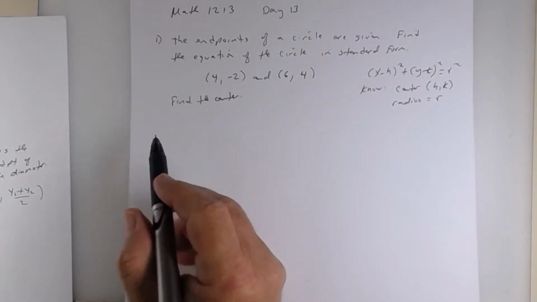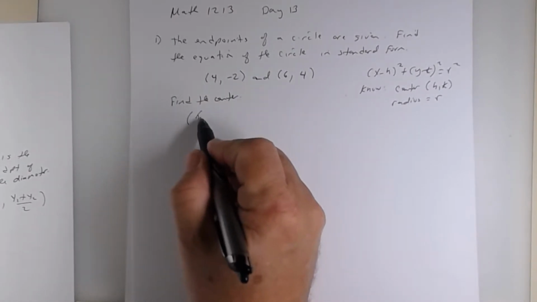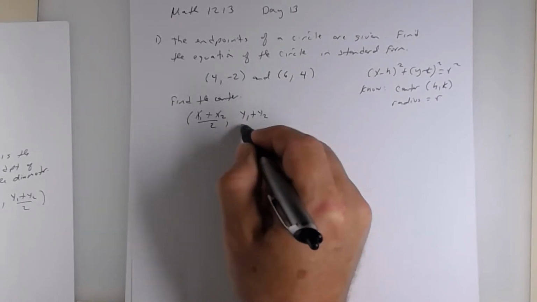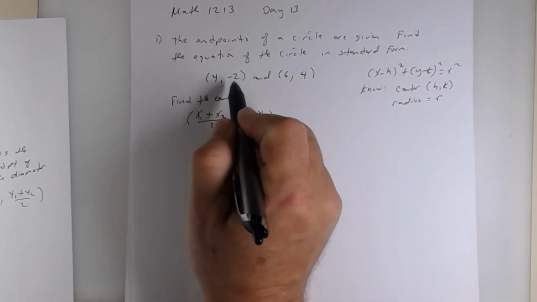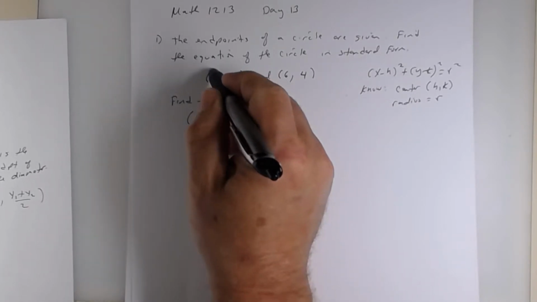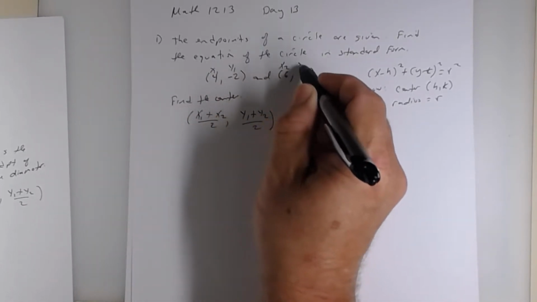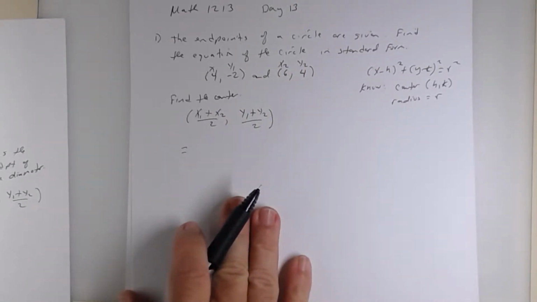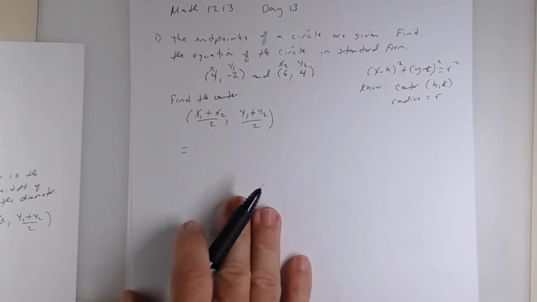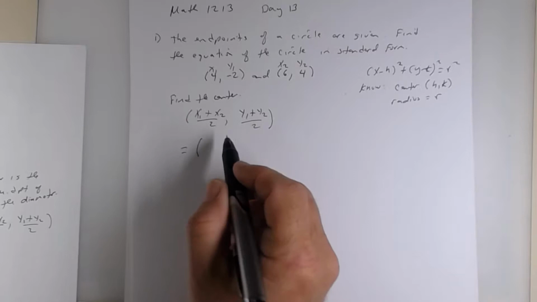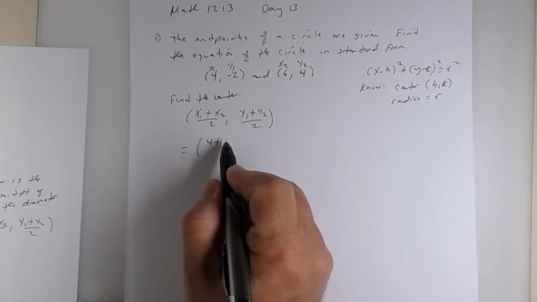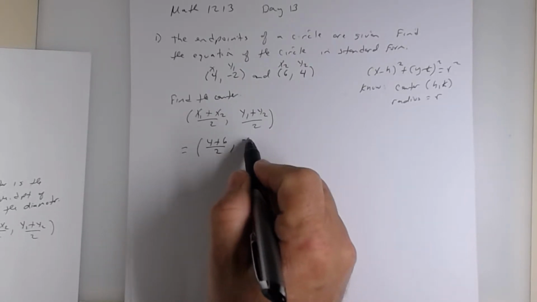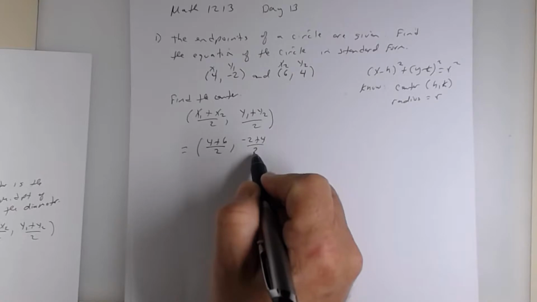All right, and the center, remember the formula for the center is (x1 plus x2) over 2, comma, (y1 plus y2) over 2. And then remember, it's a good idea to label these x1, y1, x2, y2. All right, so let's find the center. So x1 plus x2, which is 6, over 2, comma, y1 plus 4 over 2.